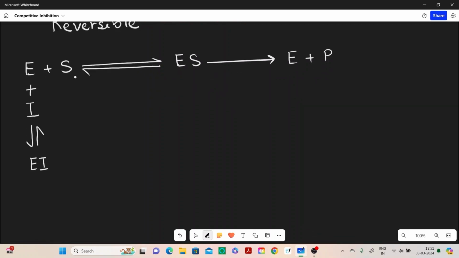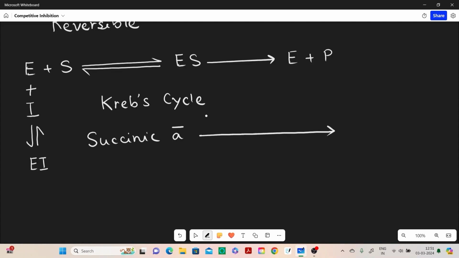Yeah, obviously. In our cell we have a metabolic pathway known as the Krebs cycle. In one of the steps we have succinic acid, which with the help of the enzyme succinate dehydrogenase forms fumaric acid.